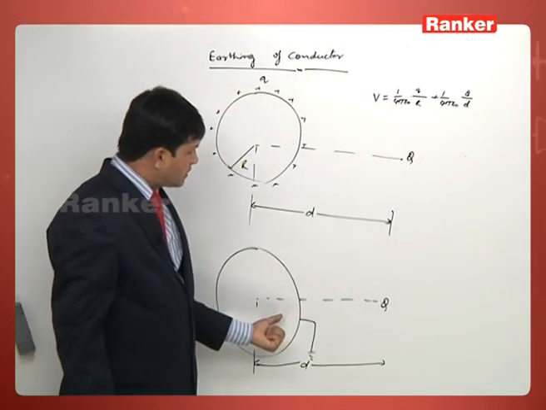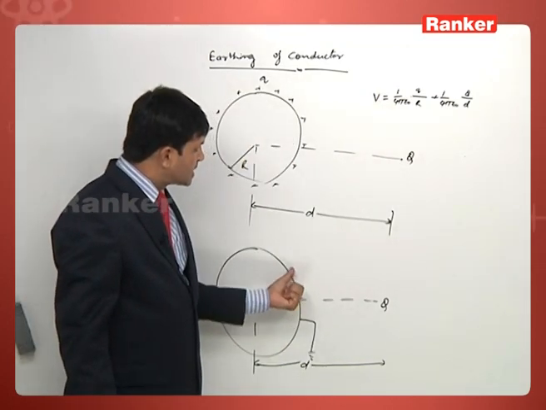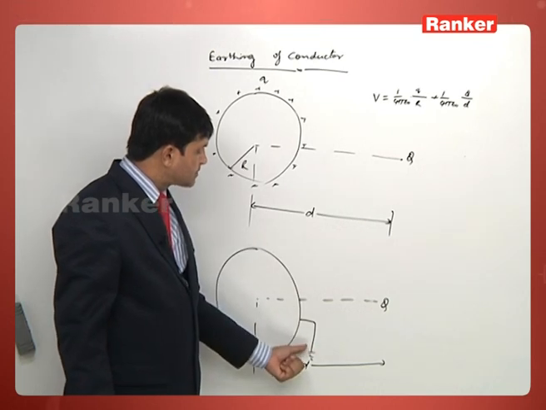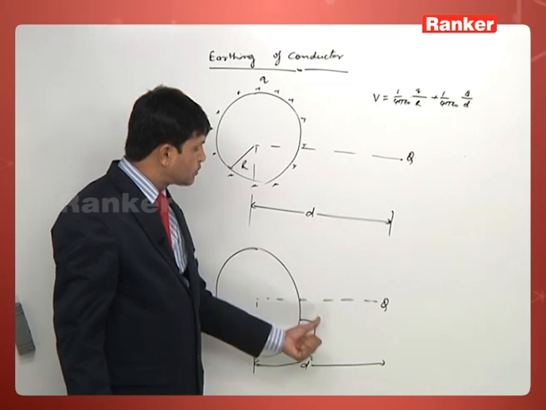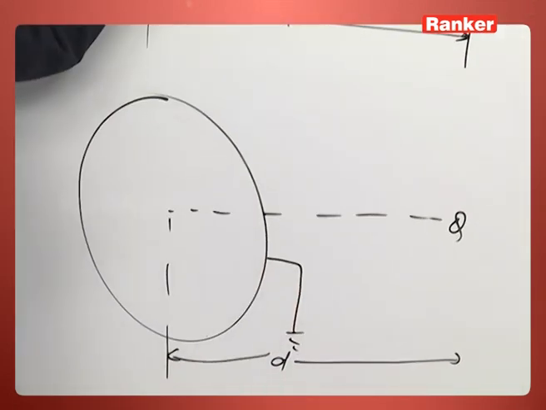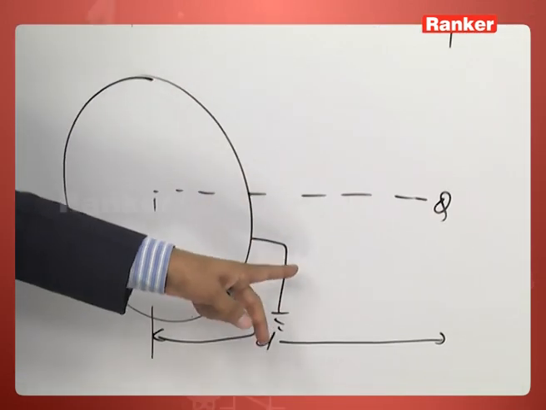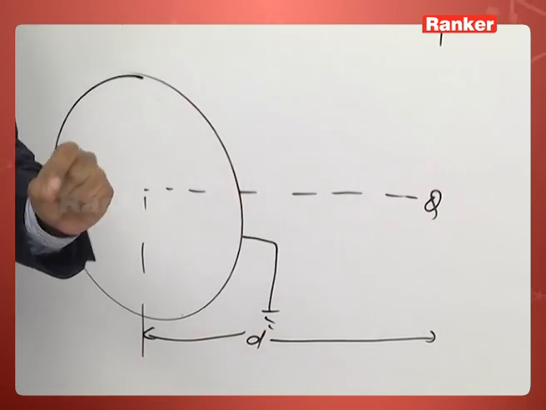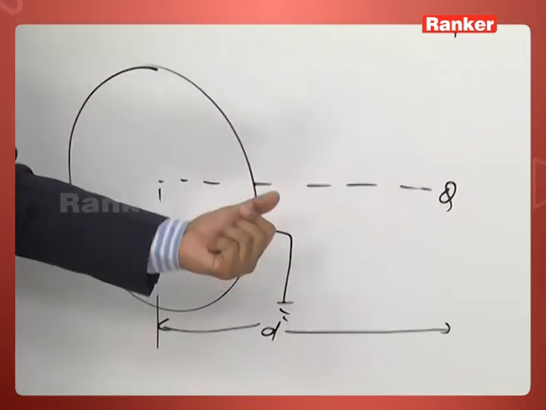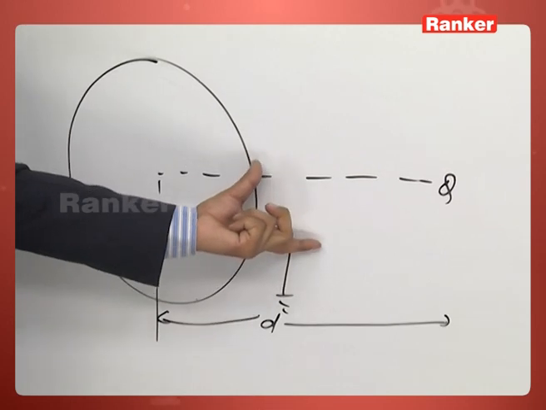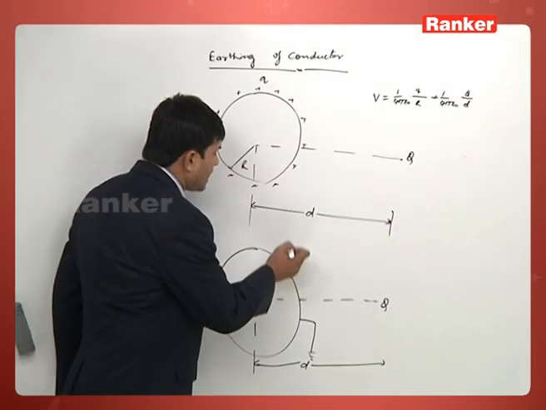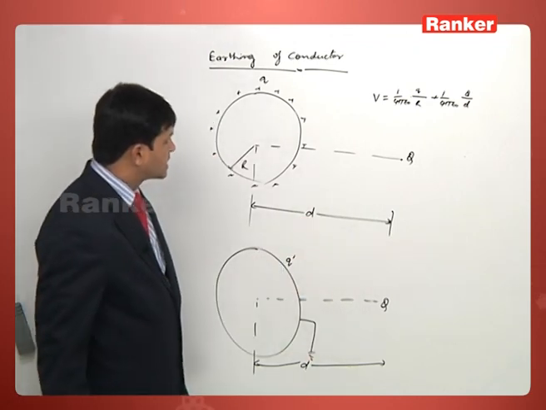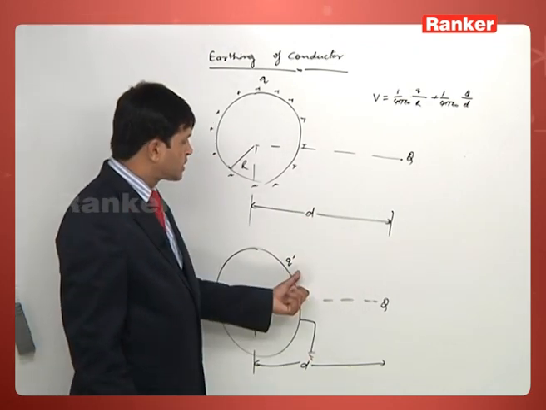Now to make this potential 0 because of the earthing, some charge may flow between the conductor and earth. So whatever charge was there earlier, q, will not remain the same. How much it will flow, we can calculate later on. Because of the flow of charge, the charge on this will not remain constant, and let the new charge become q dash.